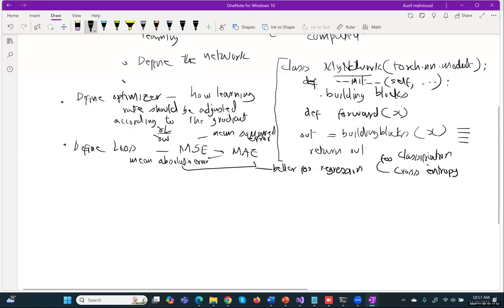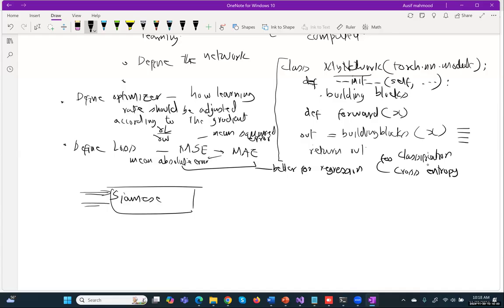So for example, if we are creating a Siamese network, here the idea was we'll give it two inputs, X1 and X2, right? If they belong to the same category, okay, then the distance, so over here, we will create some embedding.